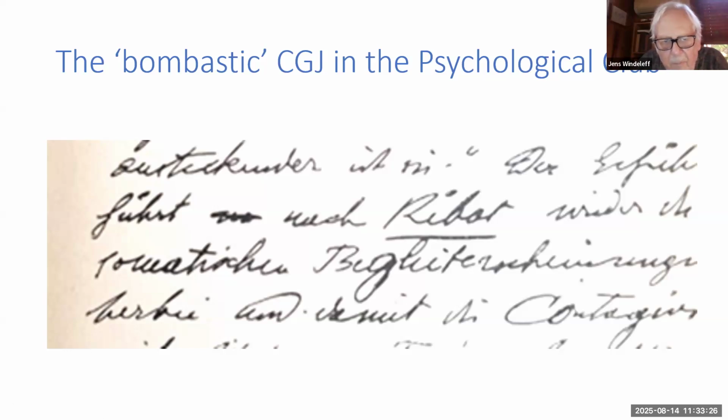So here we have one of the results of his problems, that his shadow is breaking through, and he has a very elementary and robust shadow.